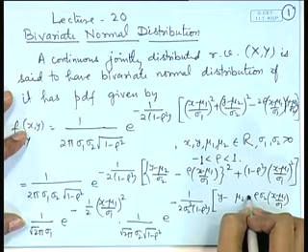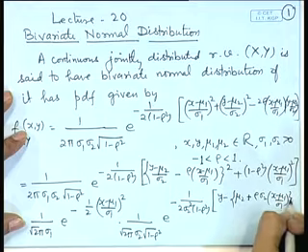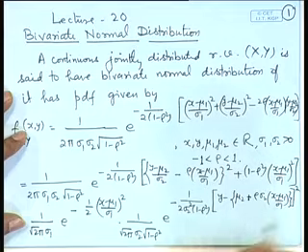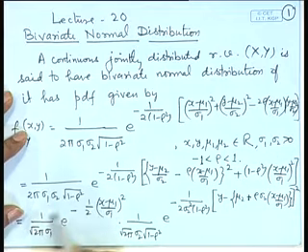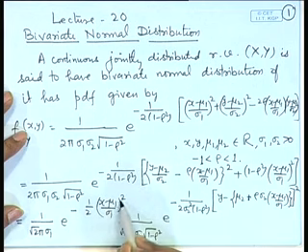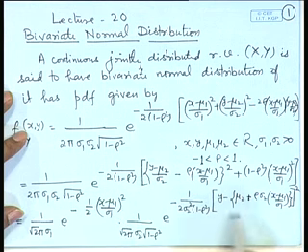So, this I can write as a product and arrange it in the bracket square. You can see here that the first term is a normal density for x and the second term is a normal density for y.